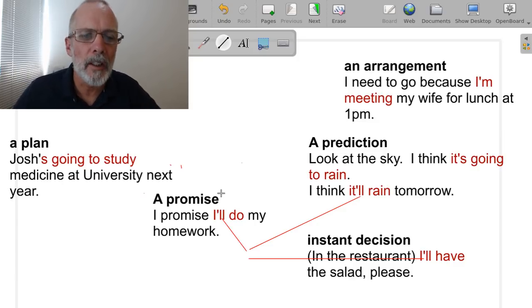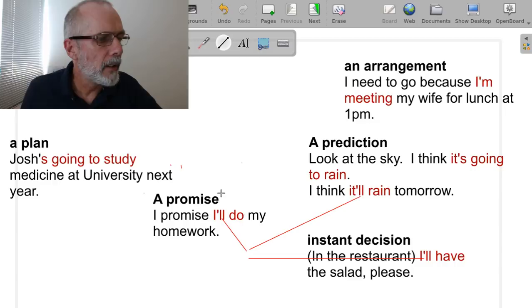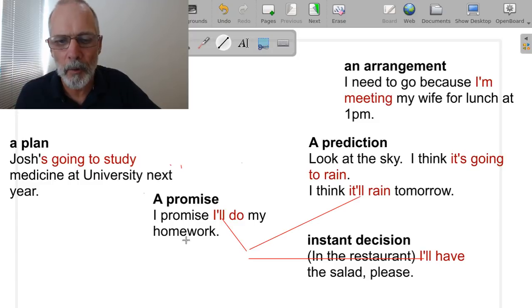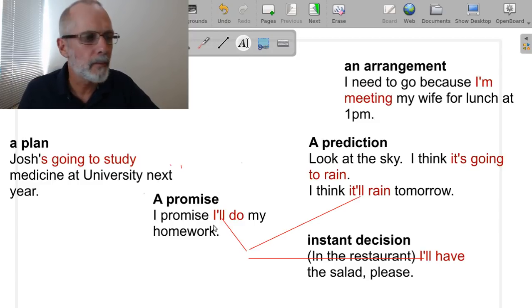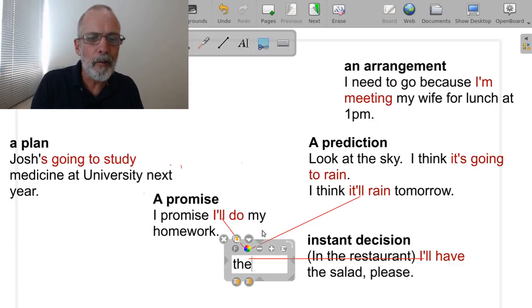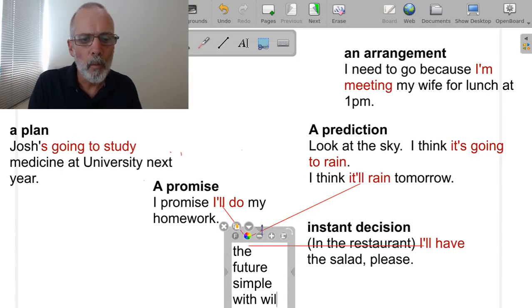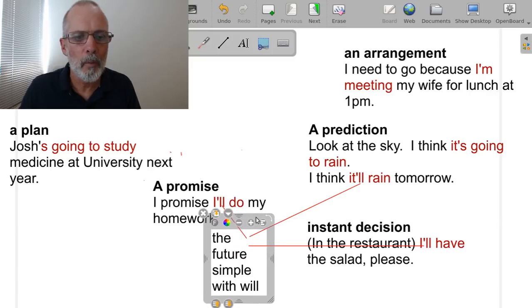It's a modal verb for the future, Fabi. Future simple, yeah, very good. This is the future simple with will.